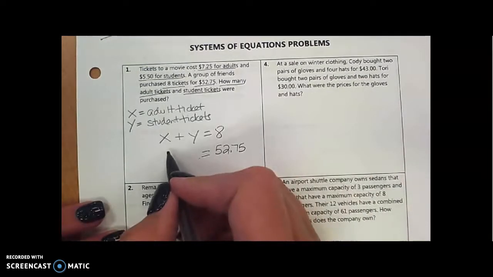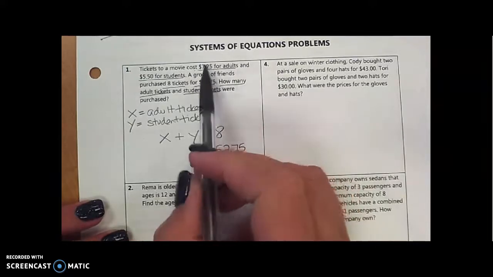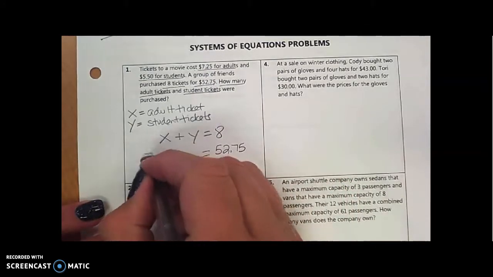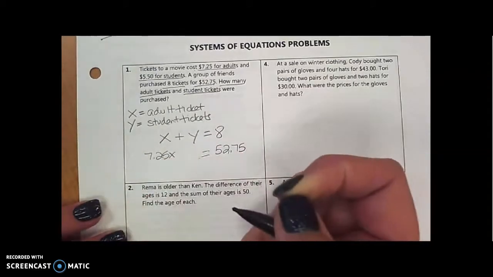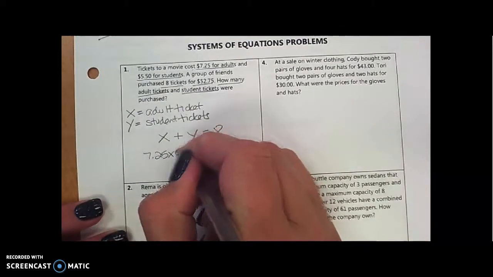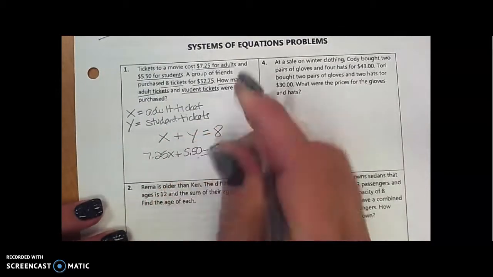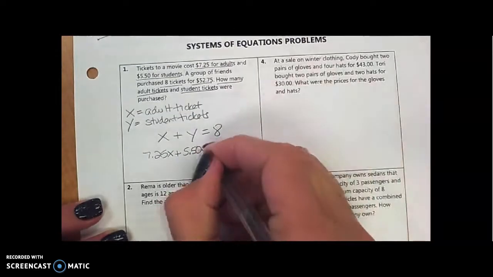We're going to have our X and our Y, but what was our money value? Adult tickets were $7.25 for every adult ticket, plus our student tickets were $5.50 for every student ticket.